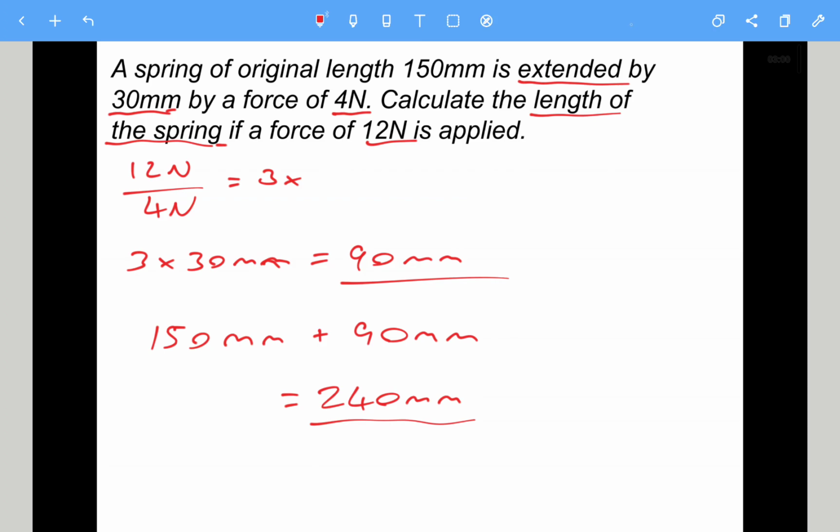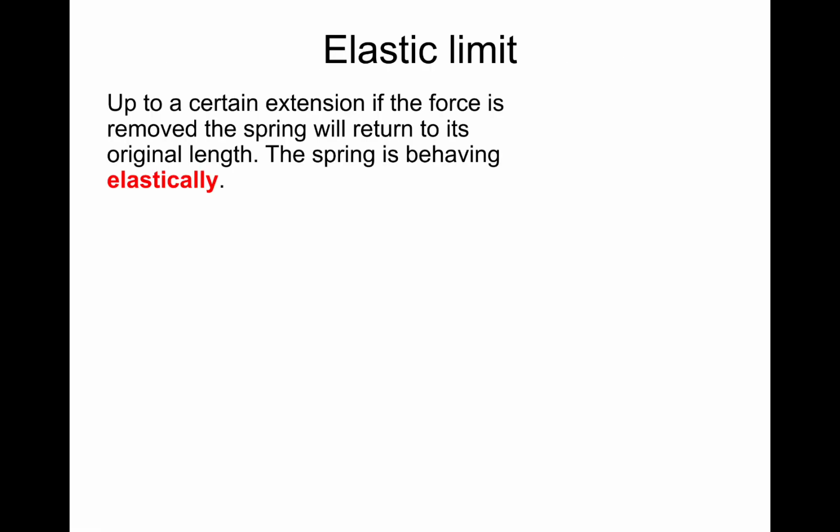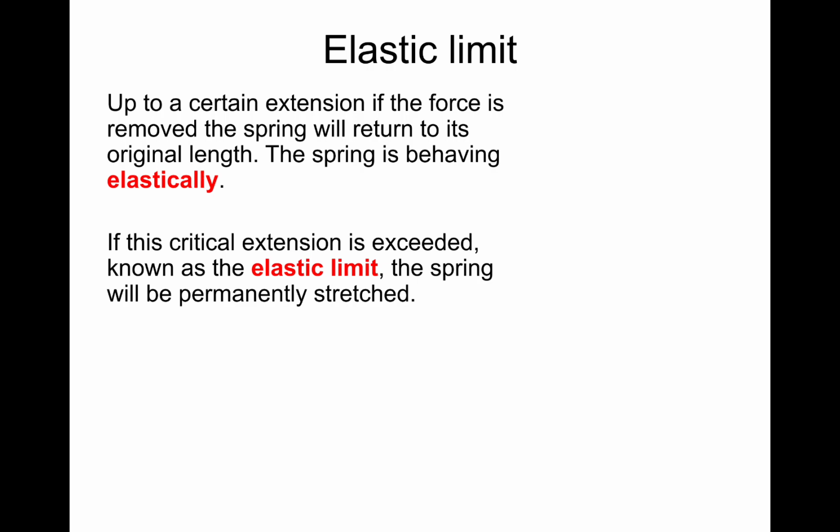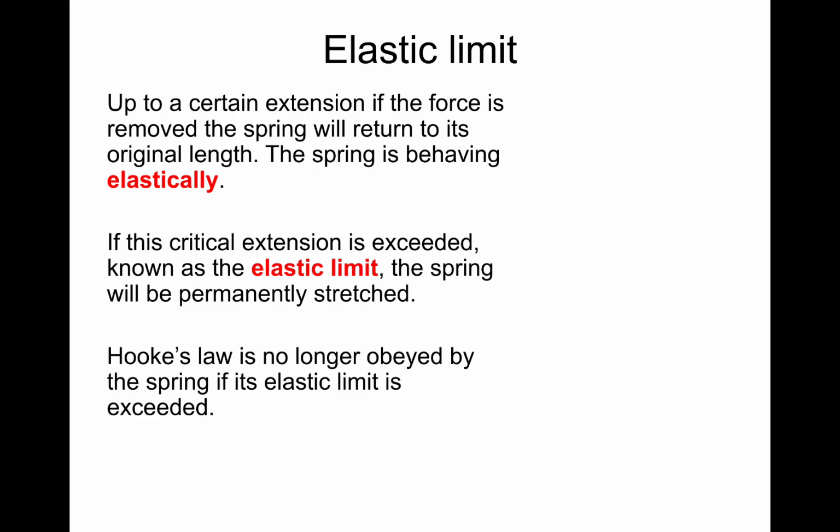Okay, let's move on. So what is the elastic limit? Up to a certain extension, if the force is removed, the spring, or the elastic material, will return to its original length. The spring is said to be behaving elastically. If this critical extension is exceeded, which is known as the elastic limit, the spring will be permanently stretched. Hooke's law is no longer obeyed by the spring if its elastic limit is exceeded.